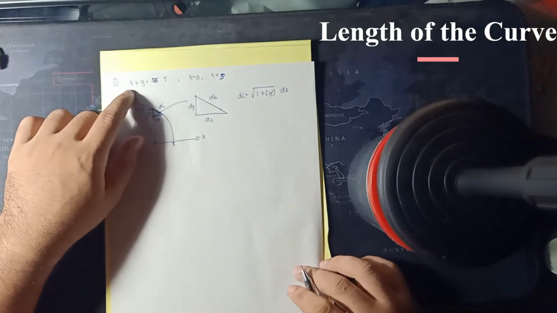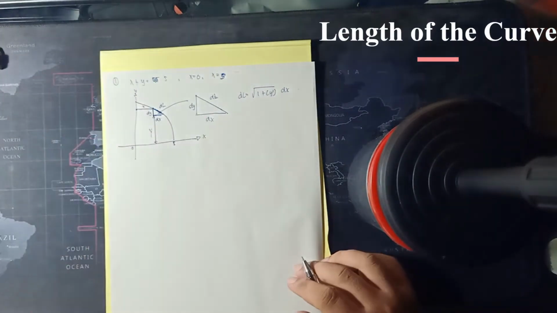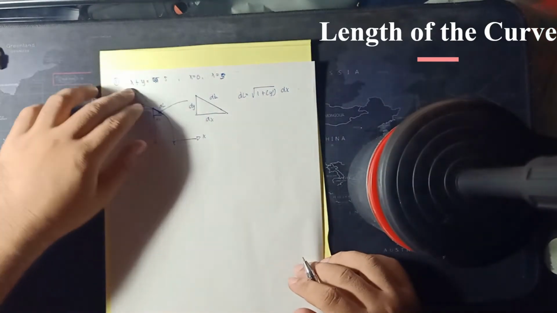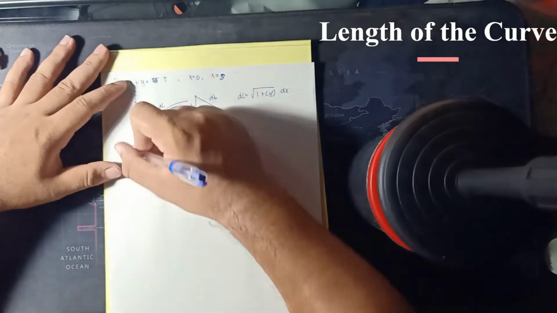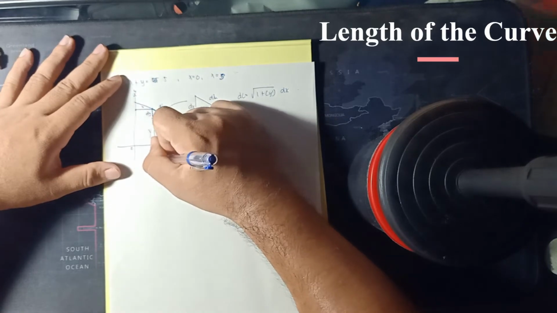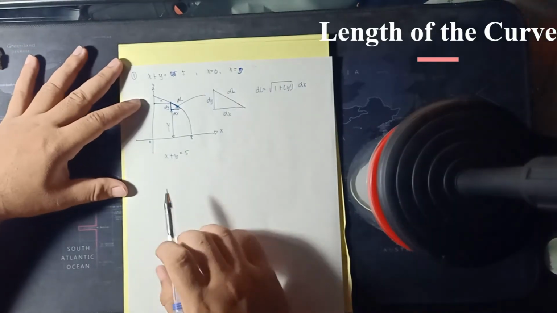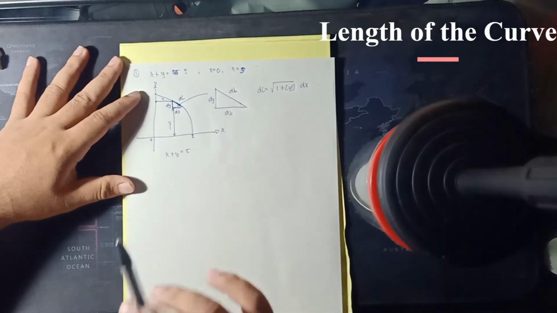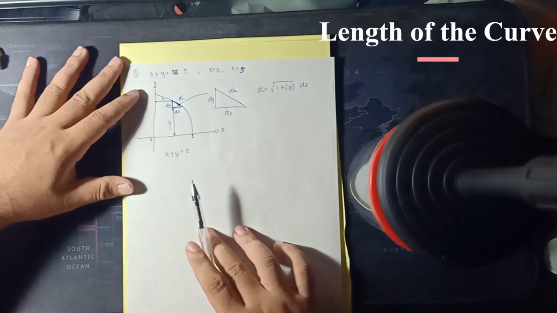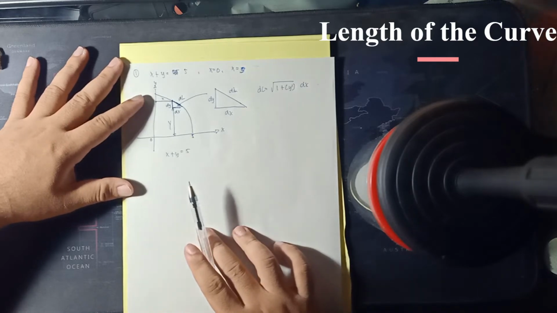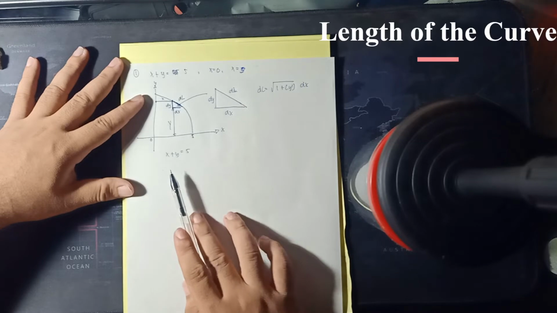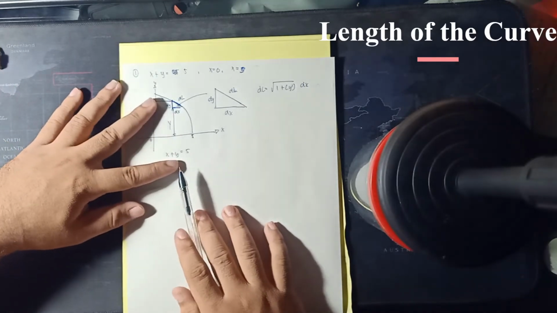So for the length of the quarter circle, x squared plus y squared is equal to 5 squared here. We're going to substitute, or rather we're going to make this a y.